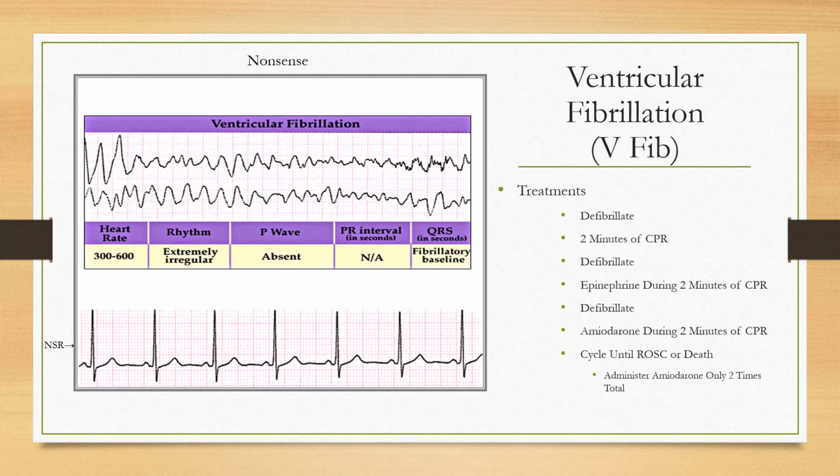ROSC on the slide here is return of spontaneous circulation, meaning while we were doing this algorithm, CPR, defibrillate, we got a rhythm back. And typically when you get a rhythm back, you get a pulse back because the cardiac output returns.